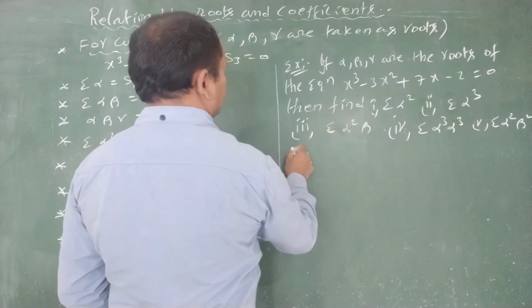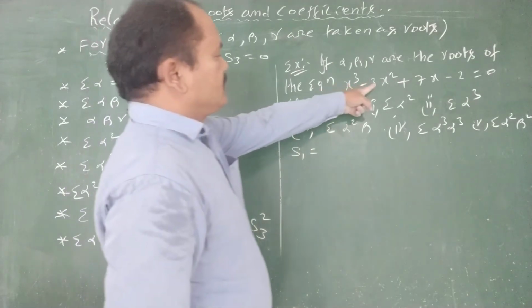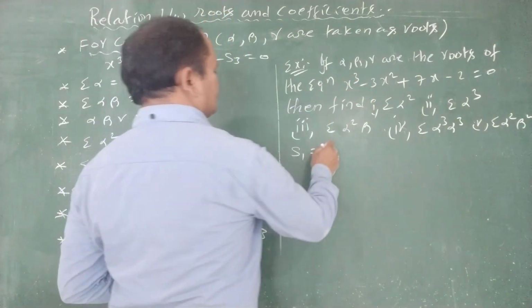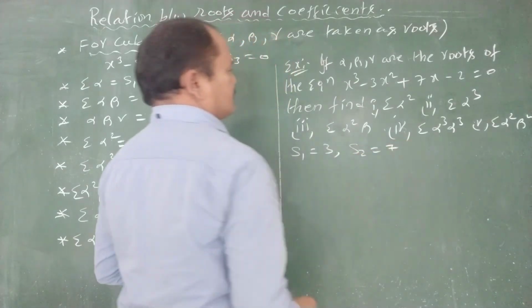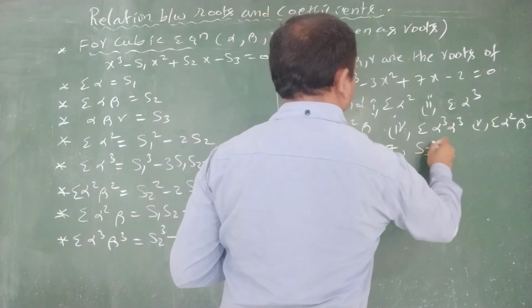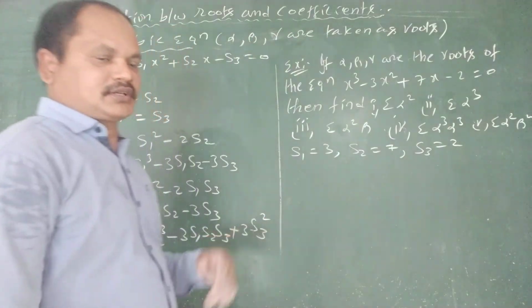Now what is S1 from this one? S1 is 3. S2 is 7. S3 is 2. That's all.